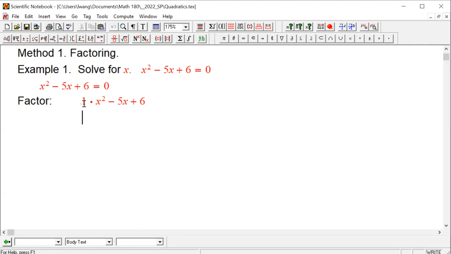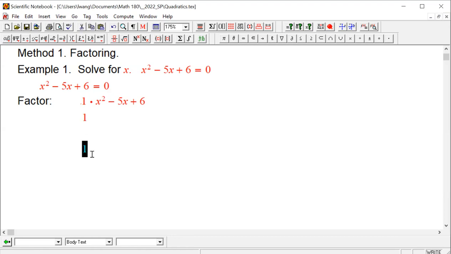You see, 1 equals 1 times 1. That's how you read it. This 1 is equal to 1 multiplied by 1.